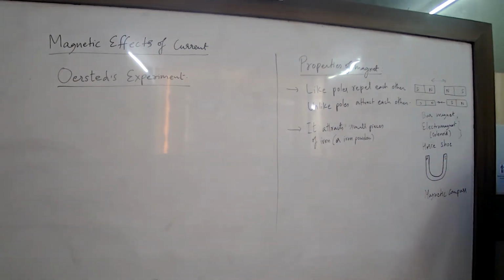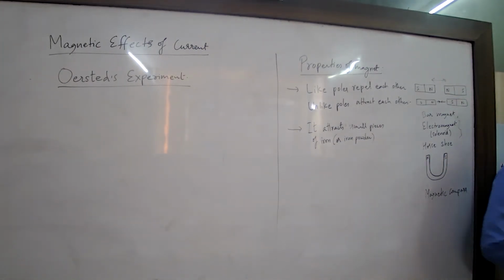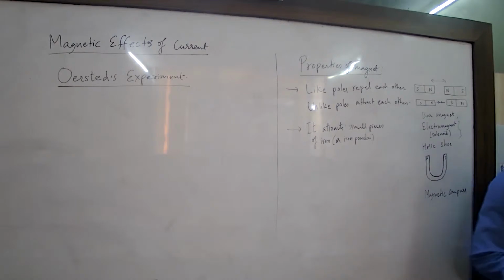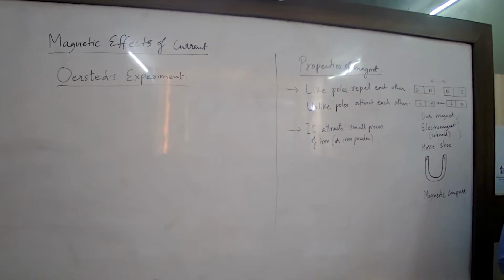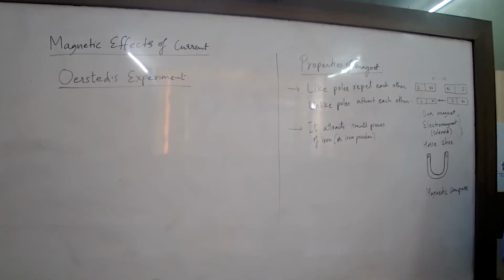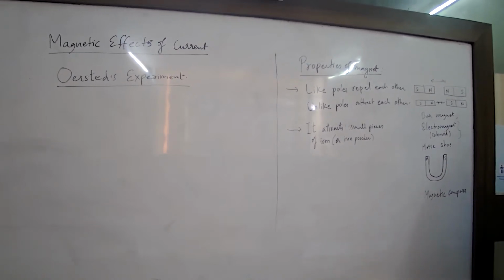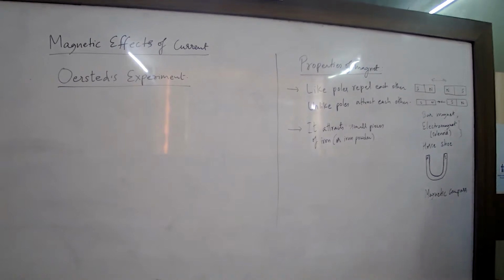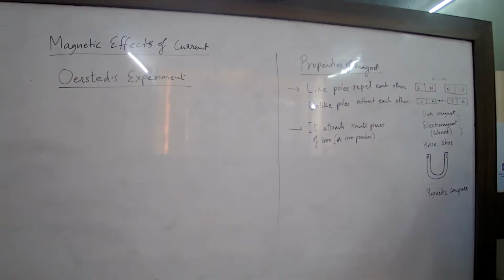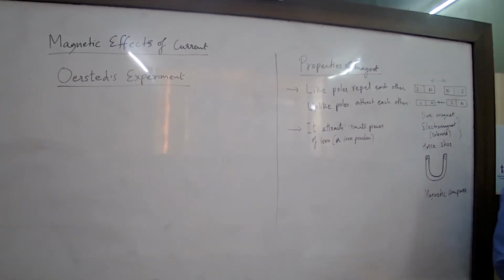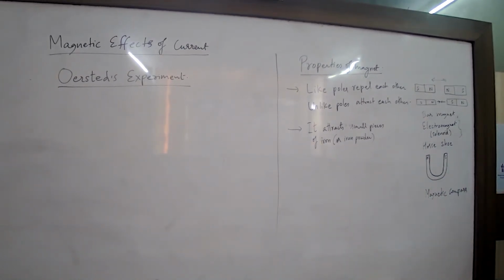What happens when the magnet is suspended in air? It goes to a particular direction. What is the property of a magnetic compass? It always points in one direction, which is north, geographic north, right?